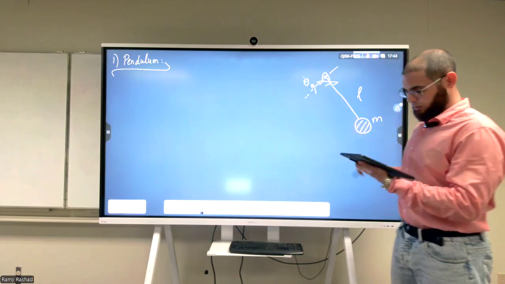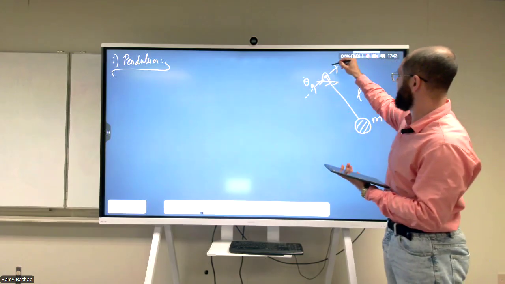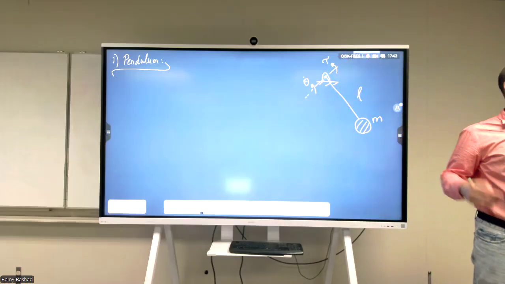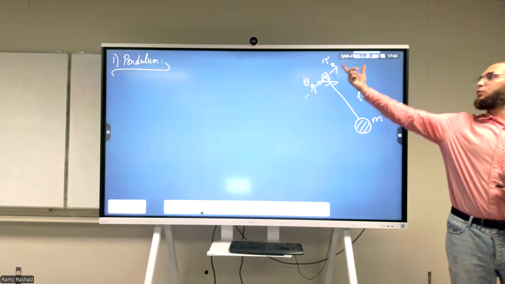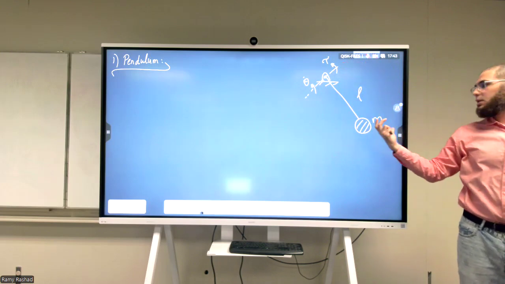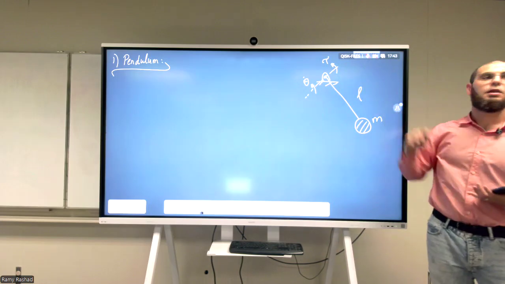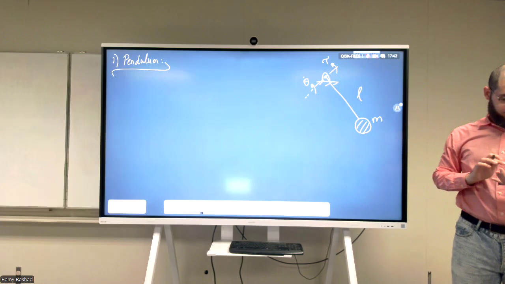So this is a theta dot. And you're also applying here at the joint some torque tau with some motor. So I have a motor attached to this link. The link is massless. We just have a lumped mass at its end, and we're just actuating it by this motor. Make sense?